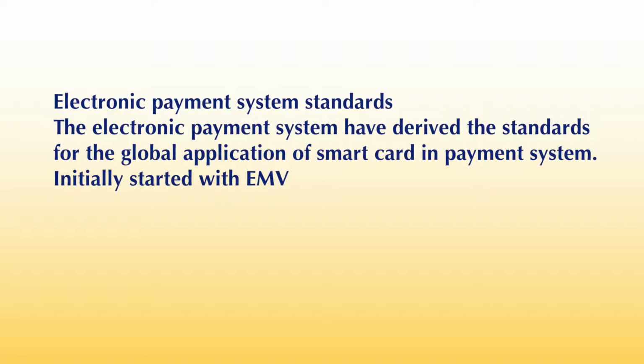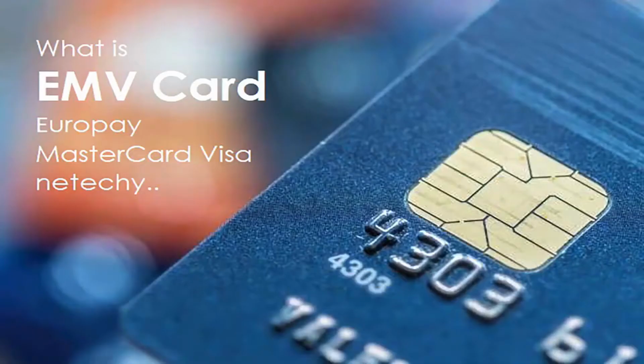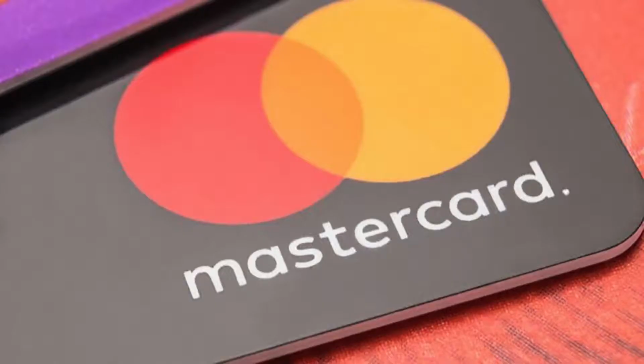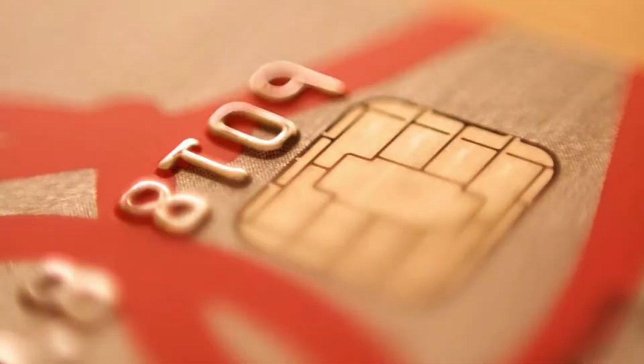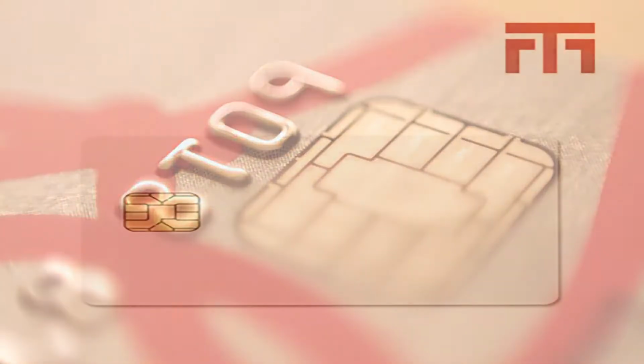Now, let us see the electronic payment system standards. The electronic payment system has derived standards for the global application of smart cards in payment systems. It initially started with the EMV, Europay, MasterCard and Visa specification in 1996 and was subsequently updated with the latest version, EMV 2000.